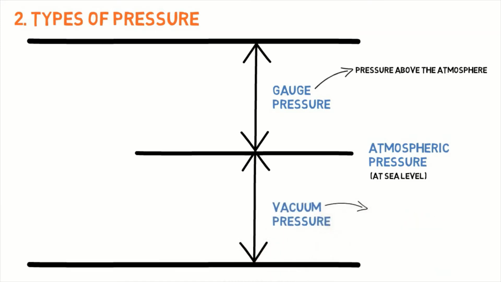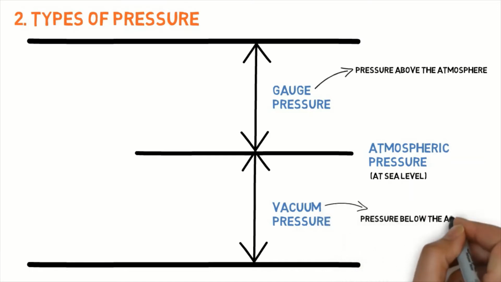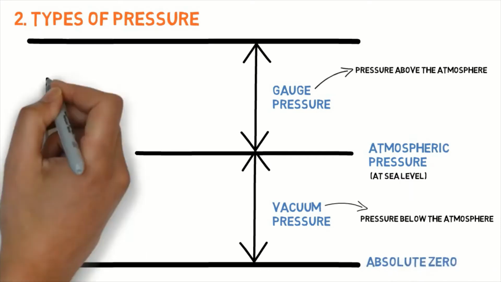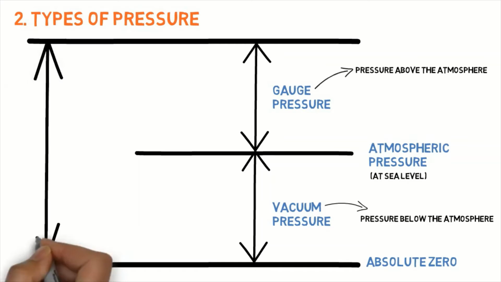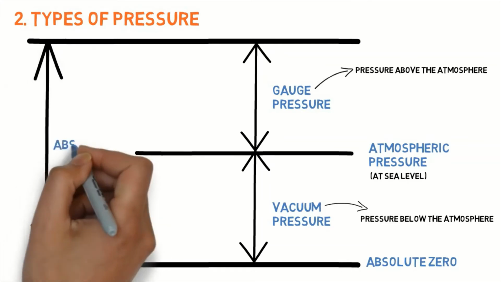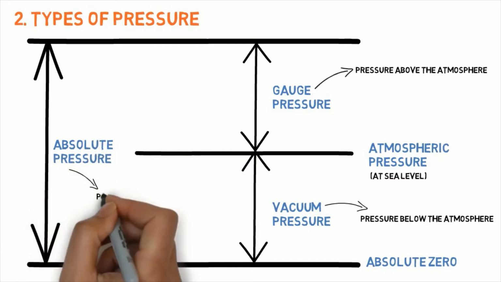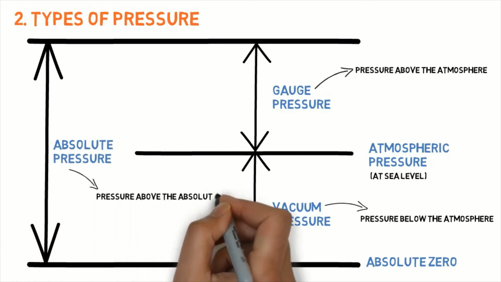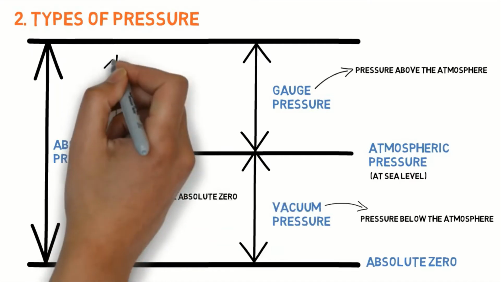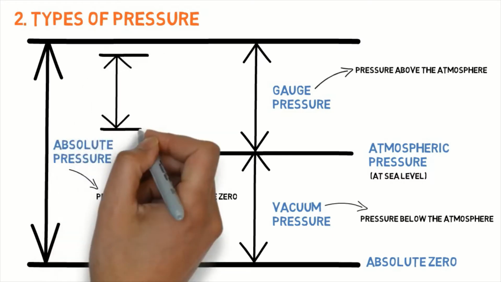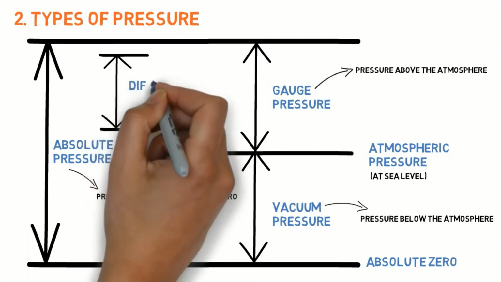Vacuum pressure is the pressure below atmosphere. Absolute zero, where no pressure exists. Absolute pressure is the pressure above absolute zero. Differential pressure is the difference in pressure between two given points.